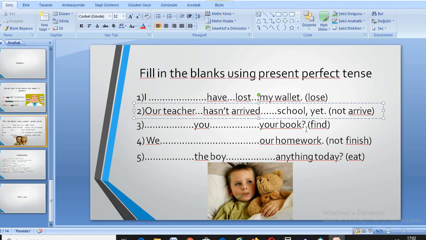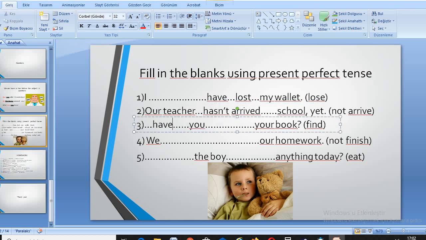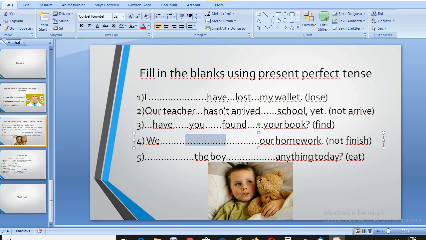So, look, a question this time. Our verb is find and our subject is you. So, have you. And what's the past participle of find? Find, found, found. We not finish our homework, so we say we haven't finished.